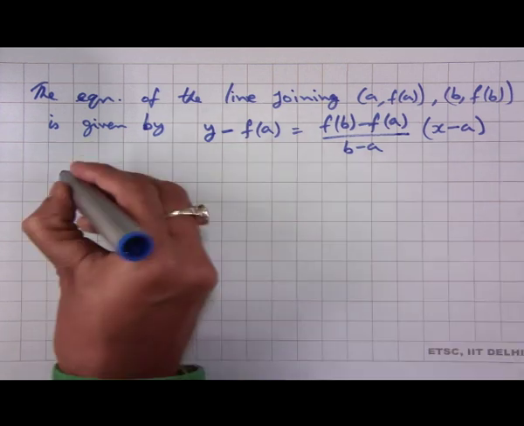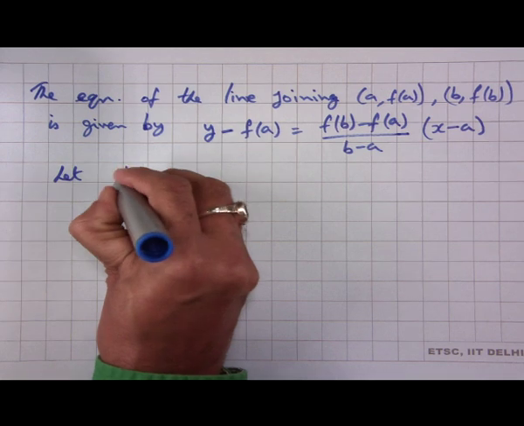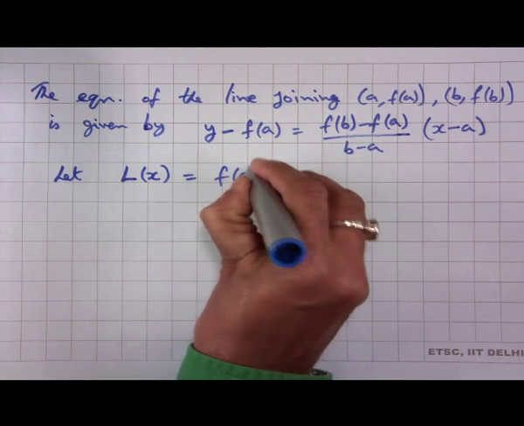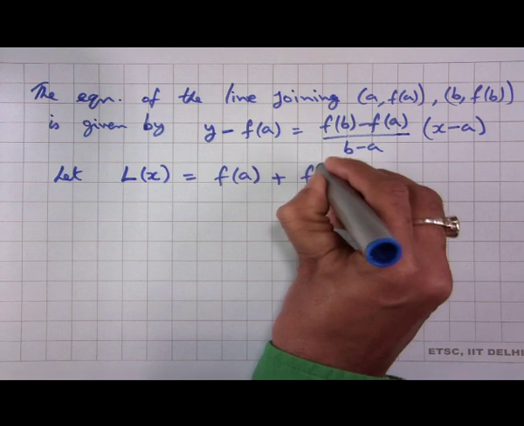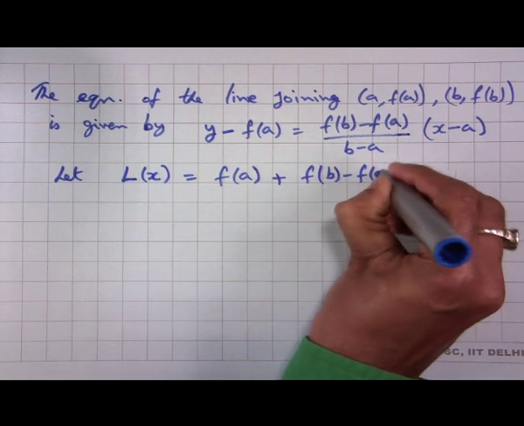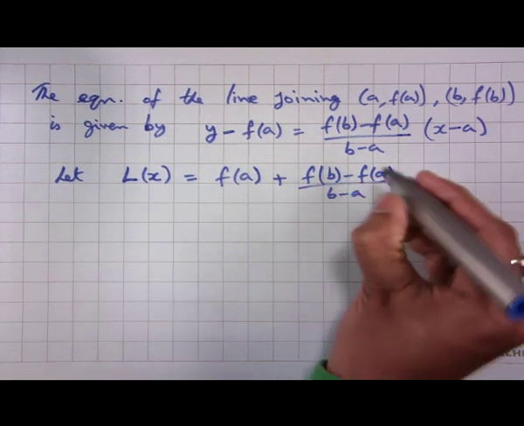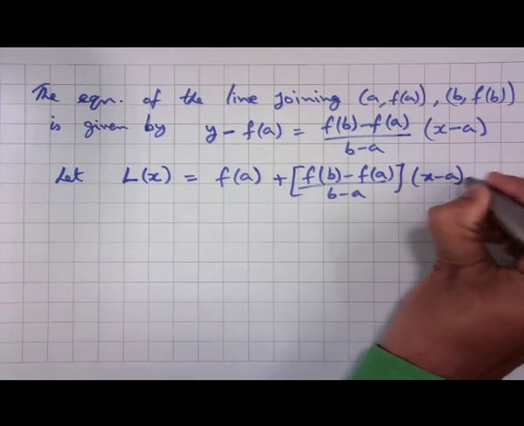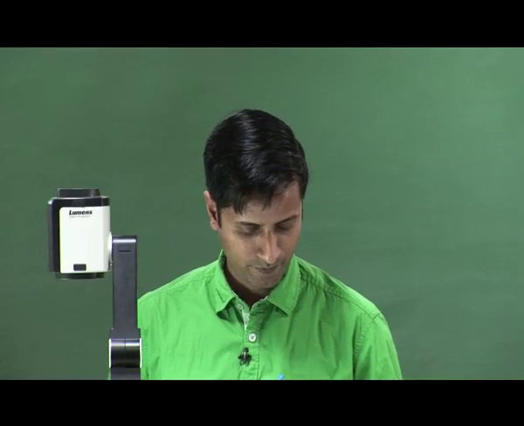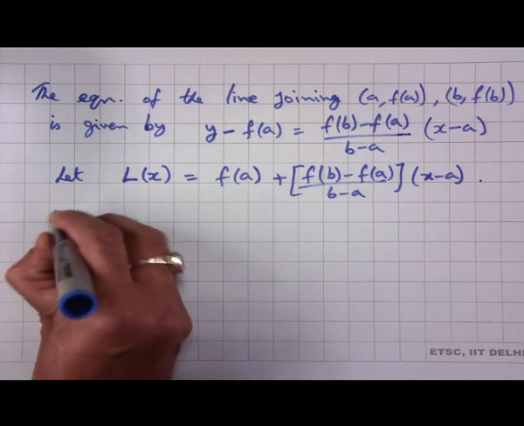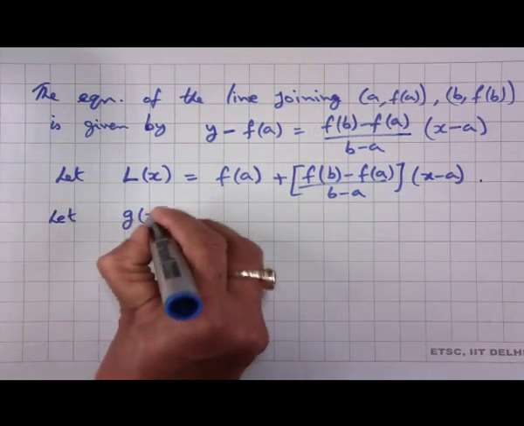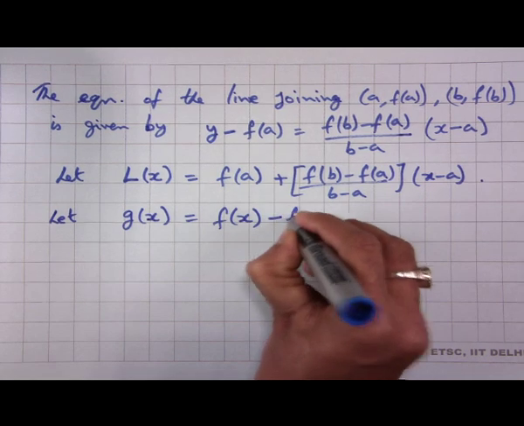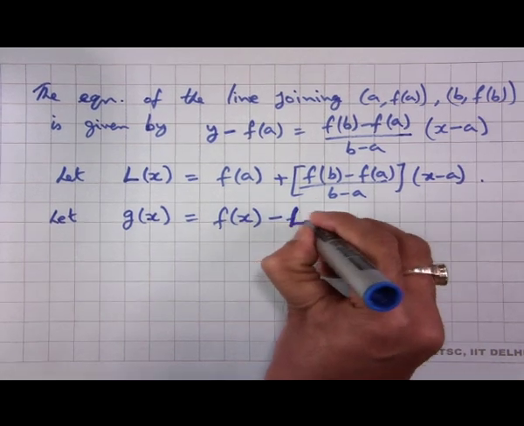So, let us call this line L of x, which is equal to f of a plus f of b minus f of a by b minus a times x minus a. And let g of x be equal to f of x minus L of x.